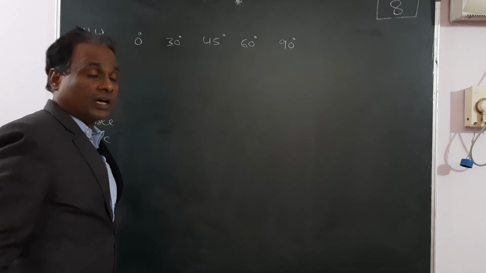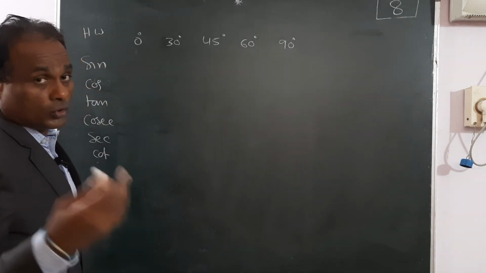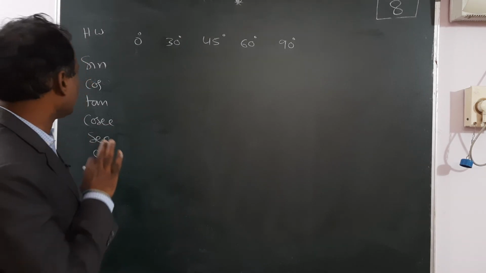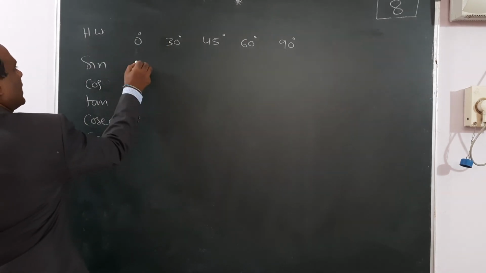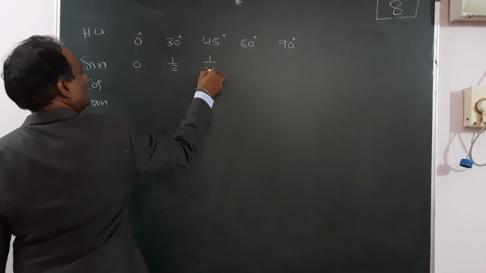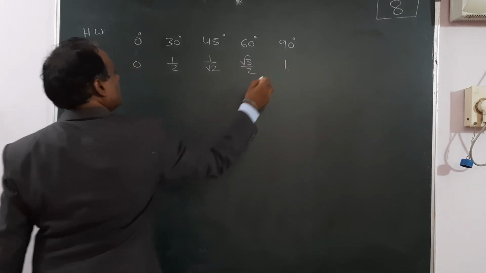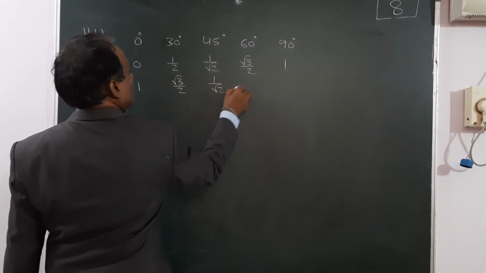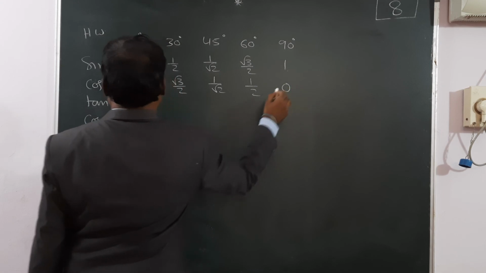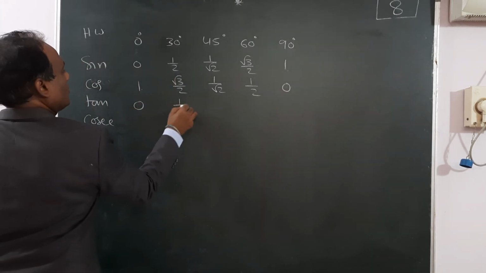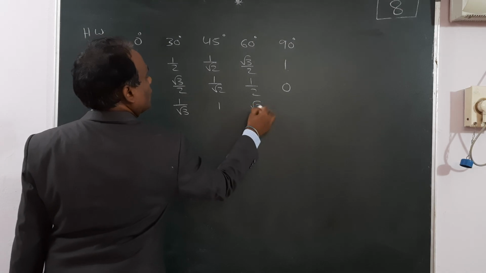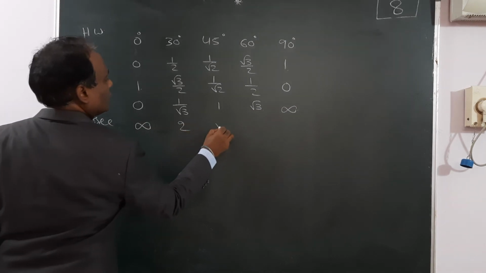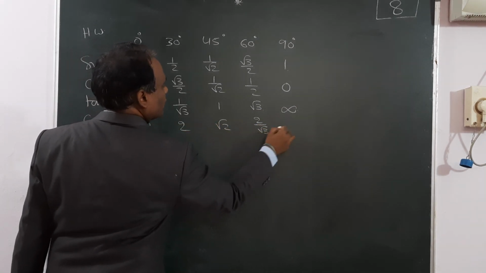once again I am reminding all of you about this table, so you practice this. Already we derived it. Anyway, you have to remember this complete table. Sine 0 is 0, then 1 by 2, 1 by root 2, root 3 by 2, sine 90 is 1. Cos is 1, root 3 by 2, 1 by root 2, 1 by 2 and 0. Tan is 0, 1 by root 3, 1, root 3, infinity. Cosec is infinity, 2, root 2, 2 by root 3 and 1.